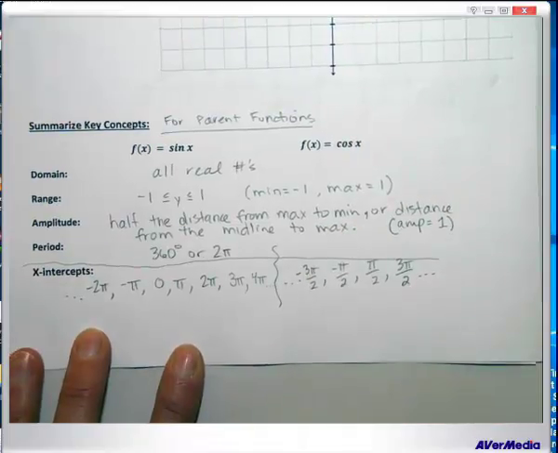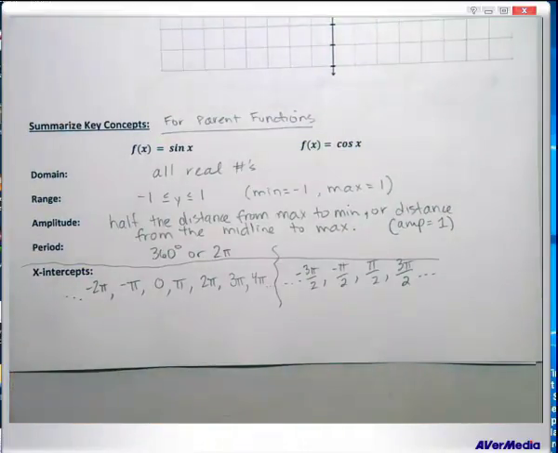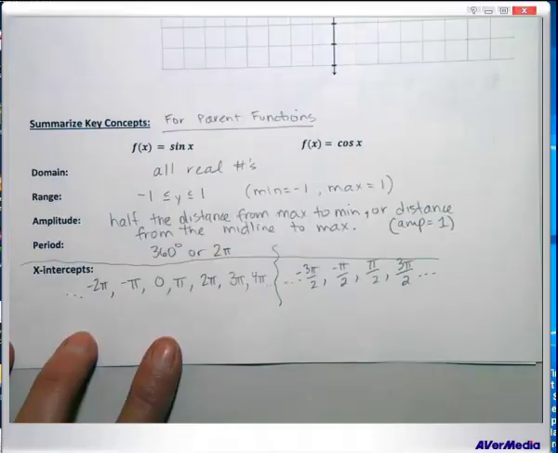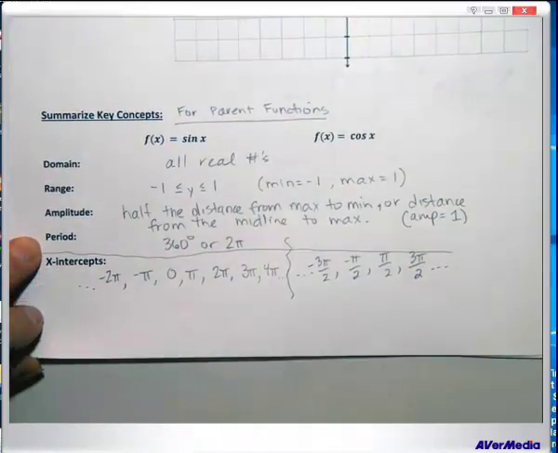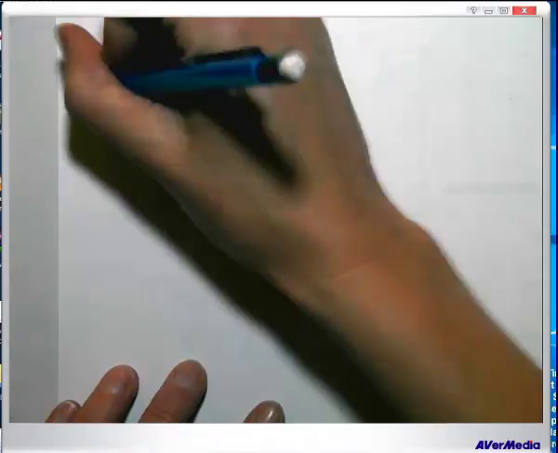So if you look at your unit circle, those are your points that are on the y-axis, pi over 2 and 3 pi over 2. So every time you think about passing one of those points, you're going to be hitting the x-axis, the x-intercepts. Okay, questions on that? Okay.